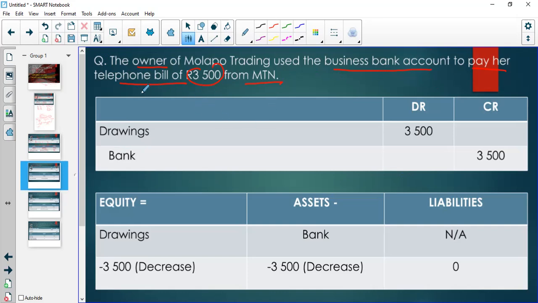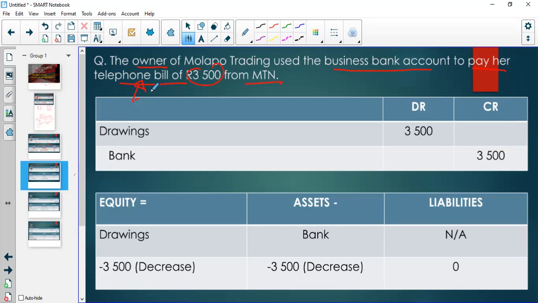The owner has his own telephone bill, his telephone expenditure. The business has its own telephone expenditure according to the entity principle. That is for accounting purposes. So we need to be able to identify whose account was being paid here. Was it the business account or was it the owner's personal benefit?